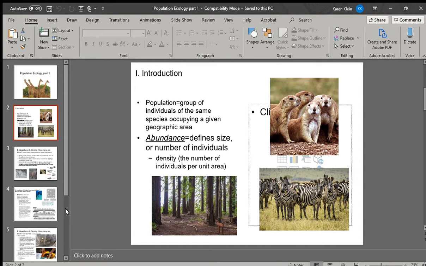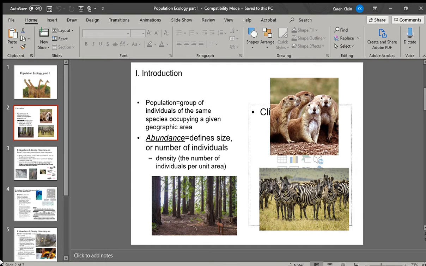So, as you may recall from our introductory lecture, we study species in species ecology, and when we now take into consideration one given species in a geographic location, a grouping of said species, now we're talking about a population. And that geographic location can be whatever you decide it to be.